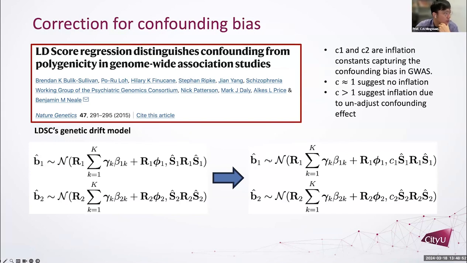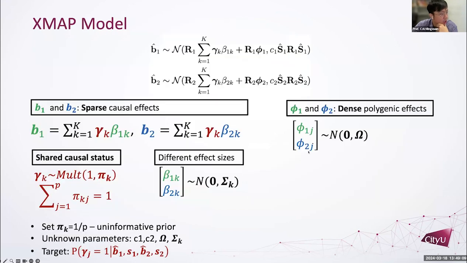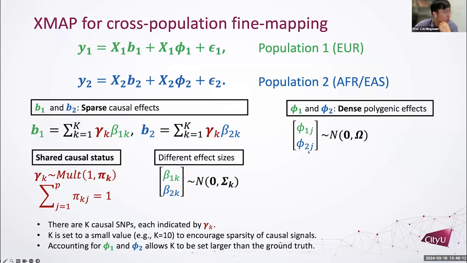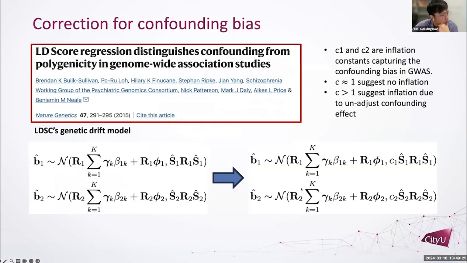For example, we know that the GWAS summary statistics, beta1 hat and s1 hat, are from European, then we need to match the LD matrix here, so that this R1 is representing exactly the correlation in this X1. So when we do modeling, we need to know which data set is from which population, so that we can pair up the summary statistics and the LD matrix. And this is one.